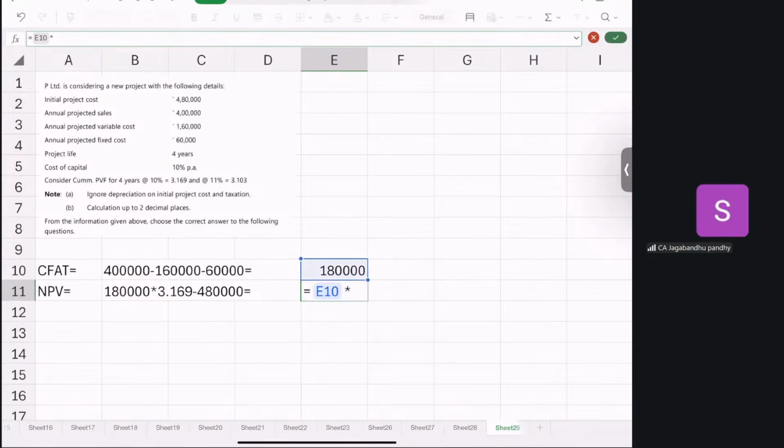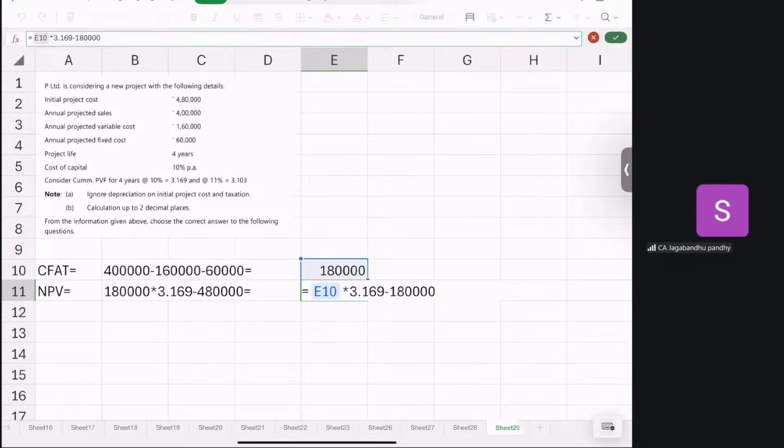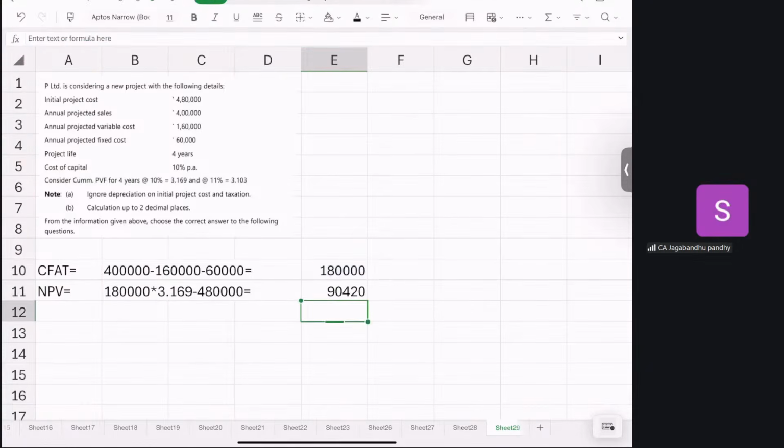This into 3.169 minus 4,80,000. So 90,420 is the base case NPV, original NPV, guys.